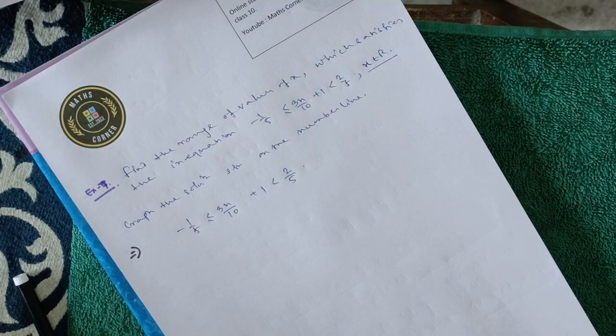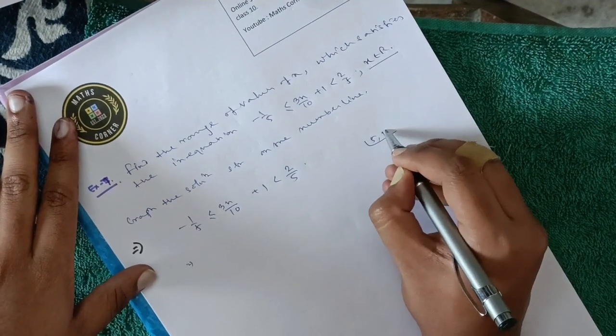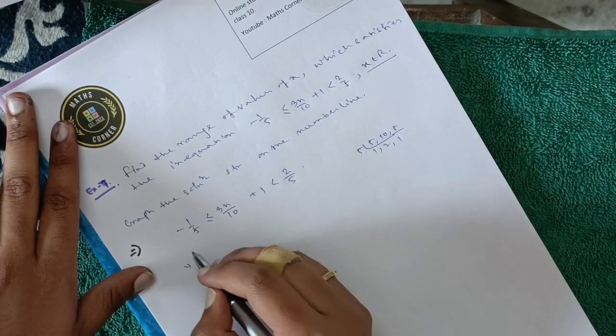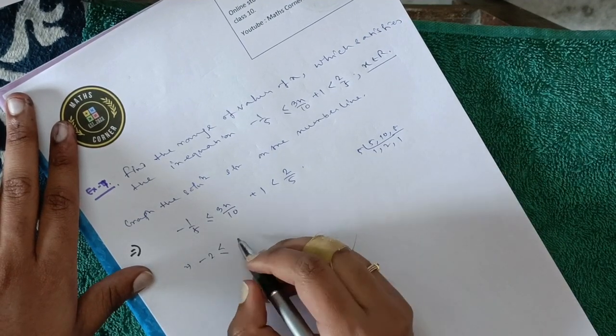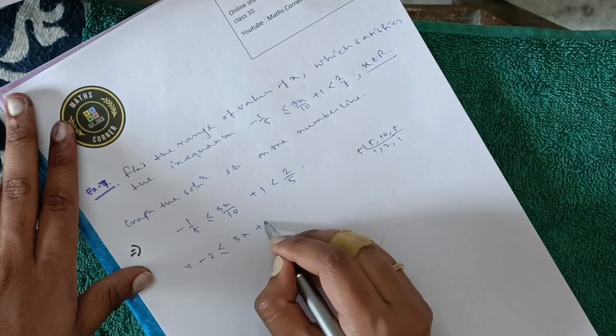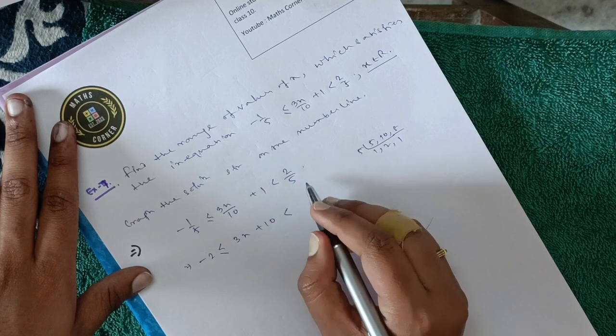Okay, so take the LCM. You can take the LCM of the three parts as well, like 5, 10, 5. What will it be? 10. So 10, then minus 2, 3x plus 10. Here it will be 10, and here it's 5 times 2, then 4.